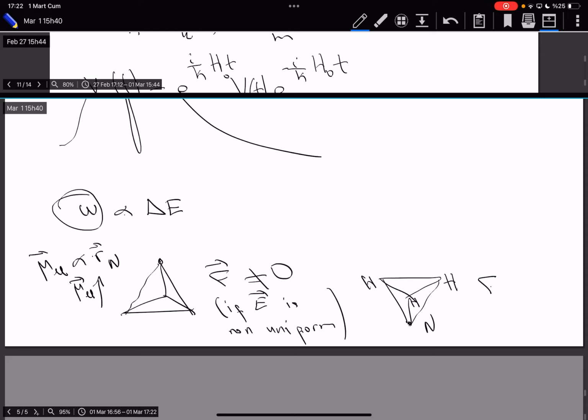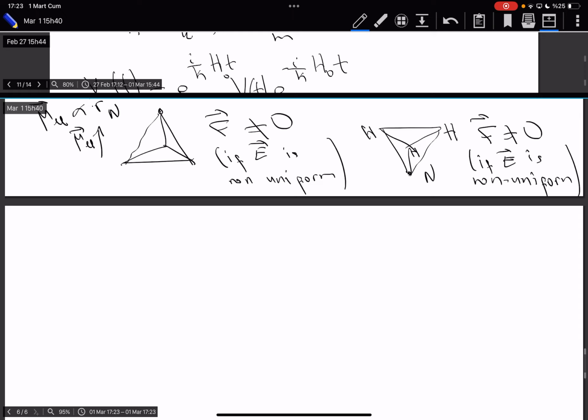The force acting on this one will also be non-zero if E is non-uniform. Now the question is, if E is non-uniform, what is the force acting on this one?